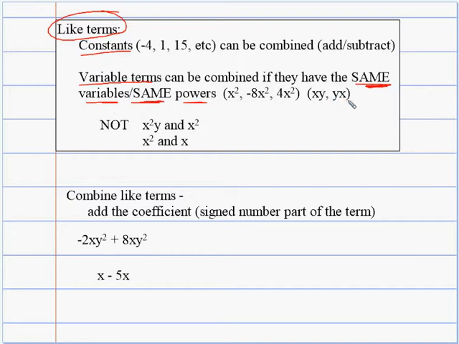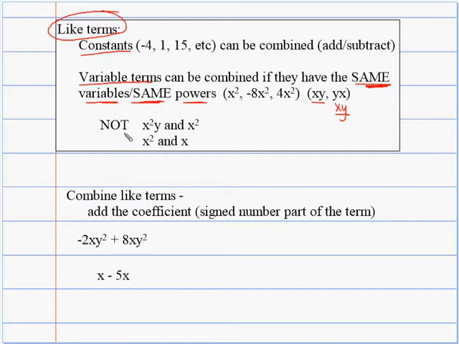We can use the commutative property and rewrite this one as xy, and so they are like terms. So the order that the variables come in does not determine whether they are like terms or not. It's, are the variables represented, and do they have the same powers in each of the terms?